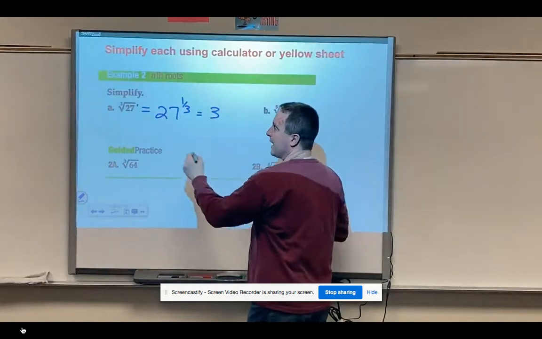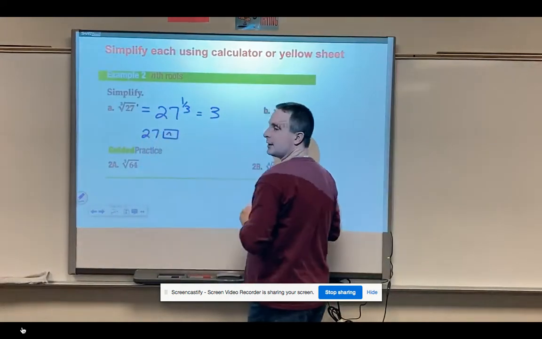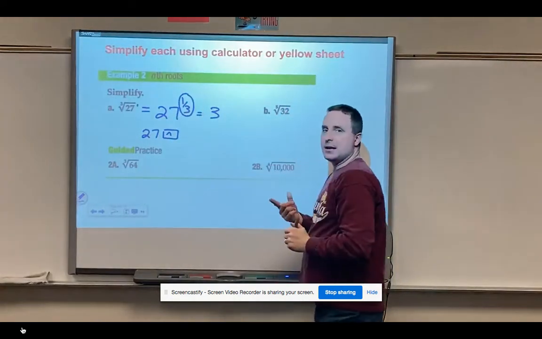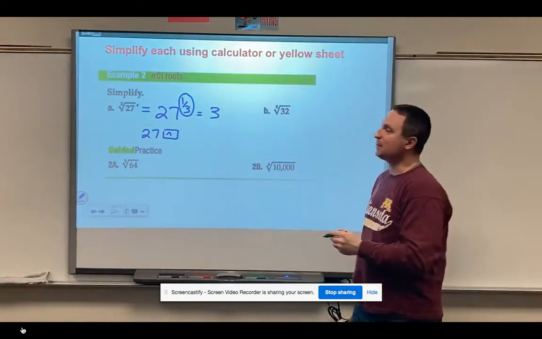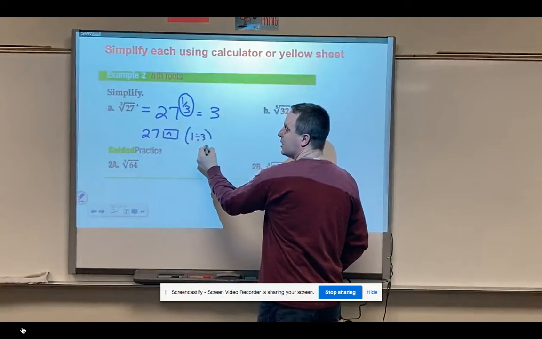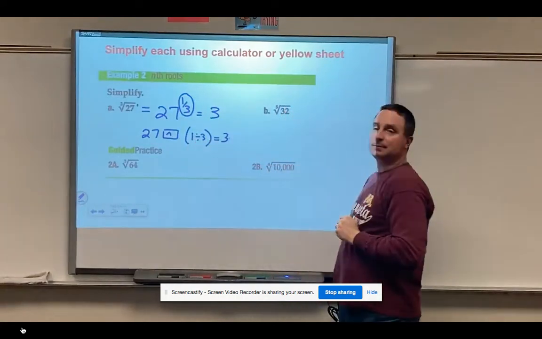I'm just going to refresh your memory. How do you type that in the calculator? Well, it's 27. Then you hit that little caret key, raised to. And how do you do 1/3? As you know, all fractions, no matter when and where you use them, have to be in parentheses. So it's 27, parenthesis, 1 divided by 3. Close the parenthesis and hit enter, and it's going to tell you 3.